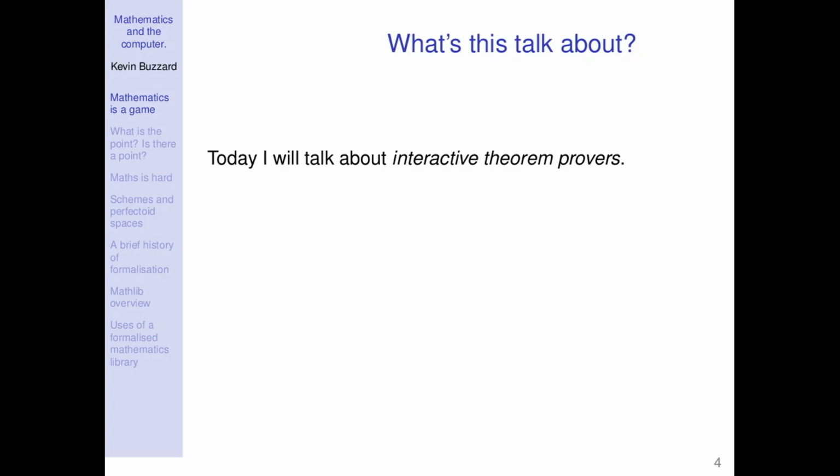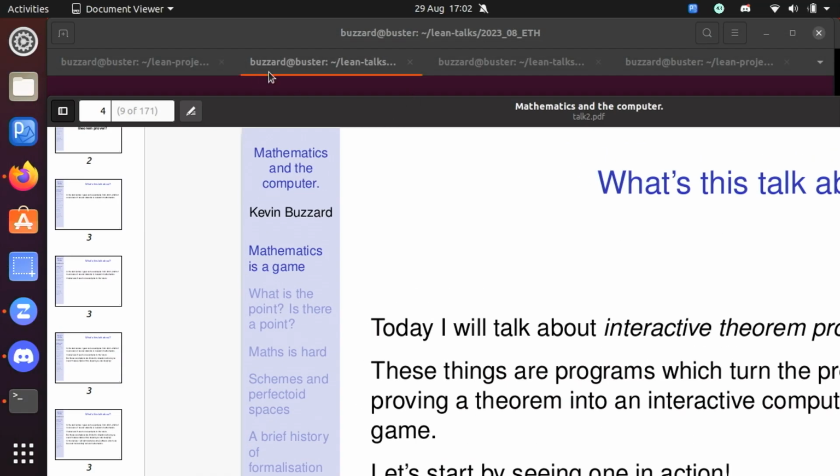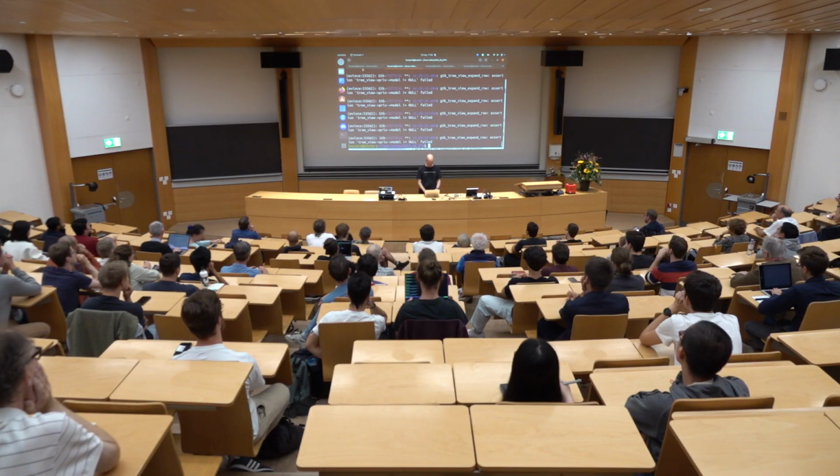This software is called an interactive theorem prover, and what they do is they turn the problem of proving a mathematical theorem into a computer puzzle game. The best way to show you what they look like is just by showing you one.